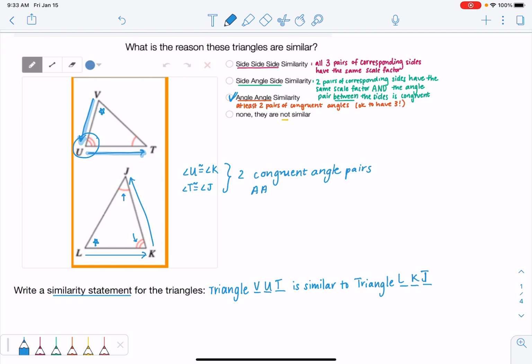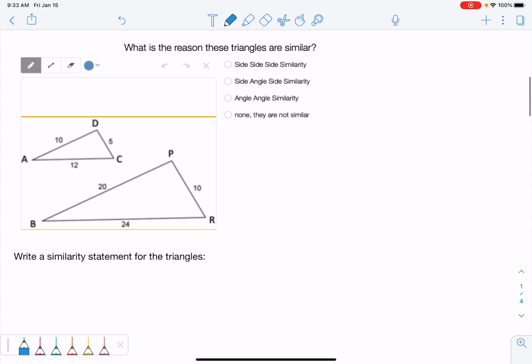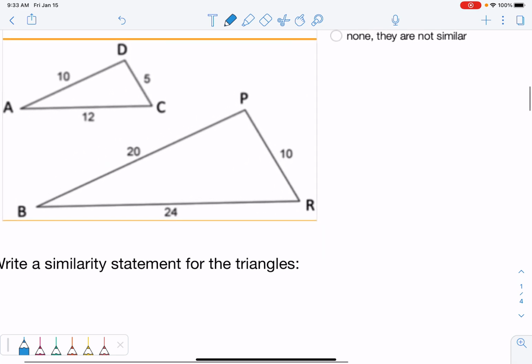Let's see another example. What is the reason these triangles are similar? Here's our diagram. I'm going to start with saying let's let the small shape be our new shape and the big shape be our old.